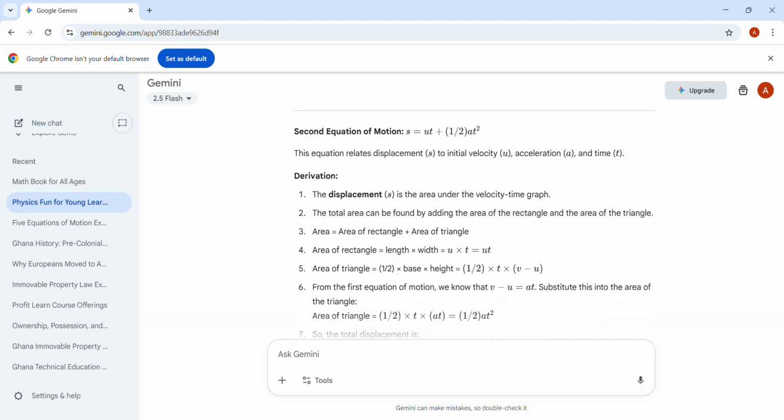Okay, so in that sense, we want to have s, u, t, a. We don't have a in the second equation, which is the displacement equation. So what we can do is substitute equation 1, where the expression for acceleration is given.